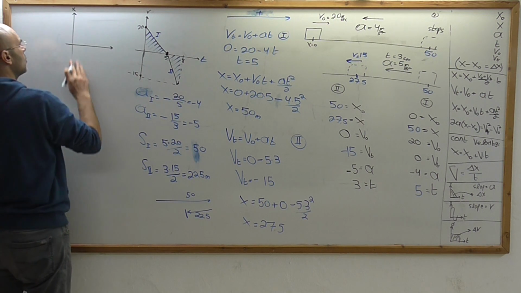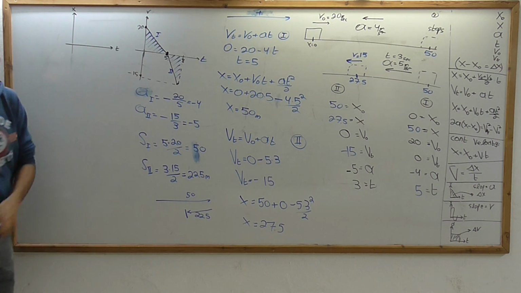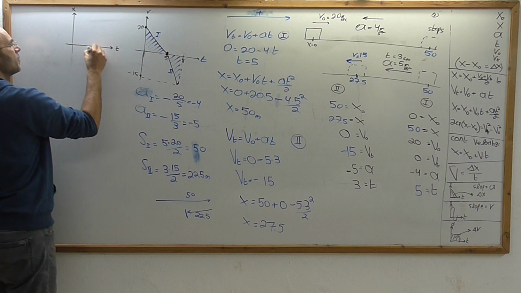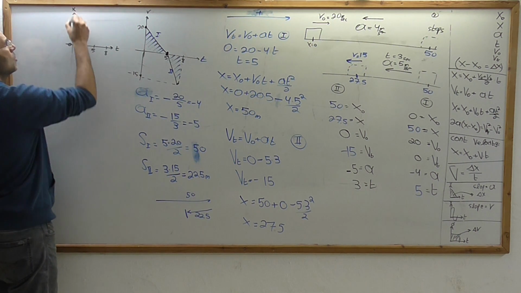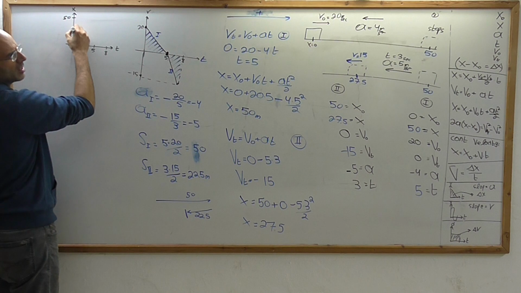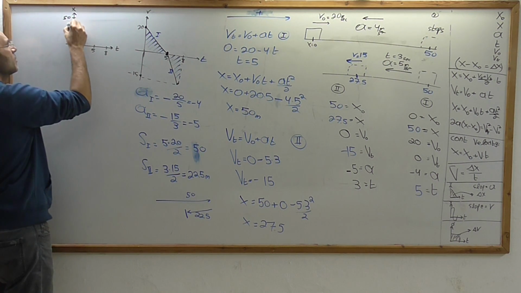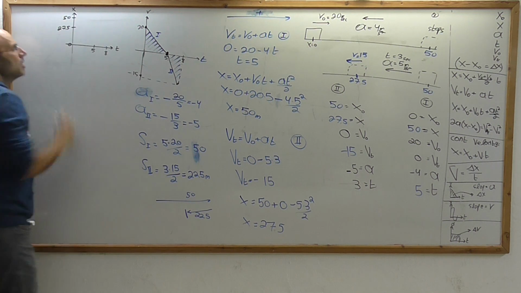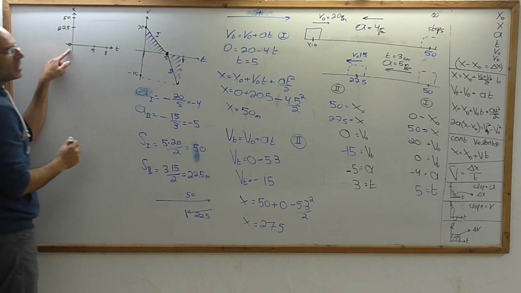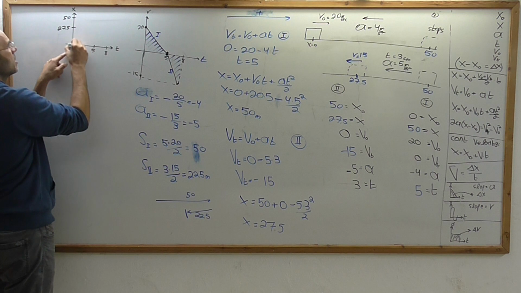Our second graph is x, position, versus time. Again, we had the 5, the 8, 0, 50, and the position is 27.5. So let's see. When time was 0, it was here.